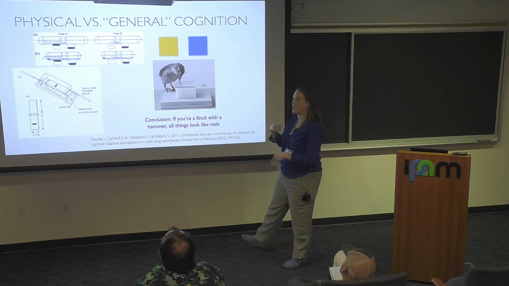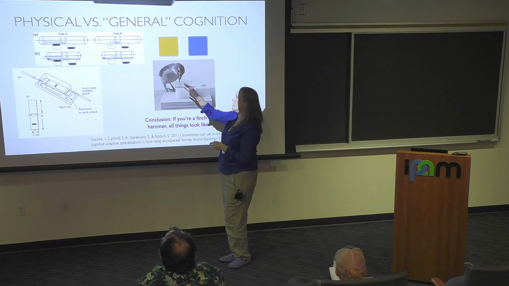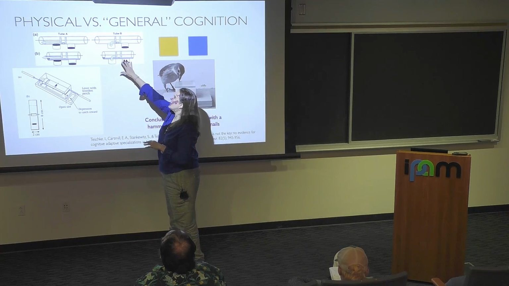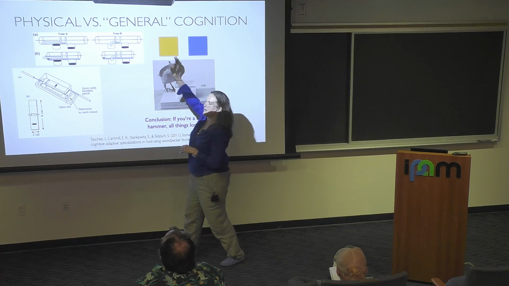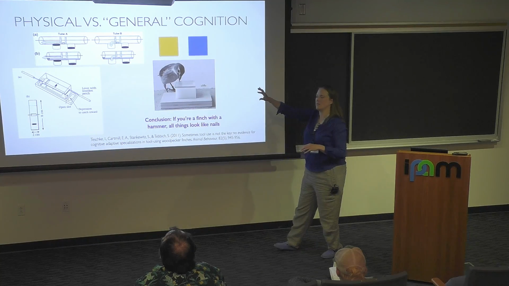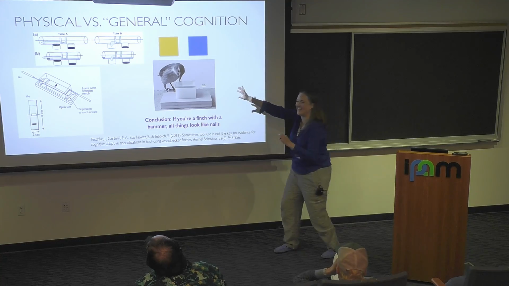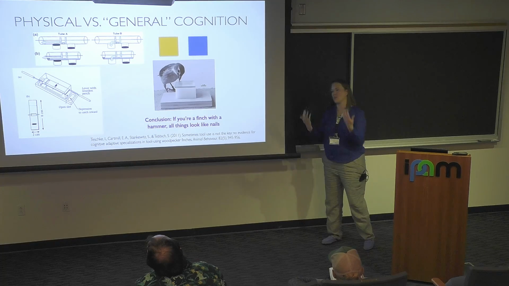There are people who have run control tasks to see whether turning this into this kind of thing impairs performance. And I believe that it does, but since I'm being recorded, I'm going to hedge and say I will post some papers. I really also think it depends a lot on the species and on the particular affordances of a task.